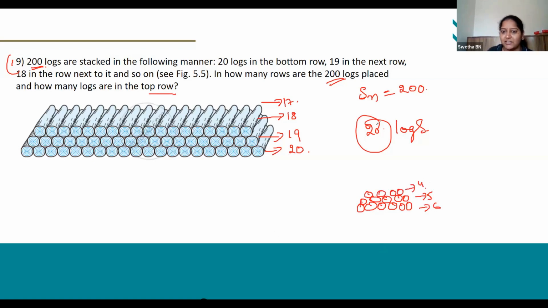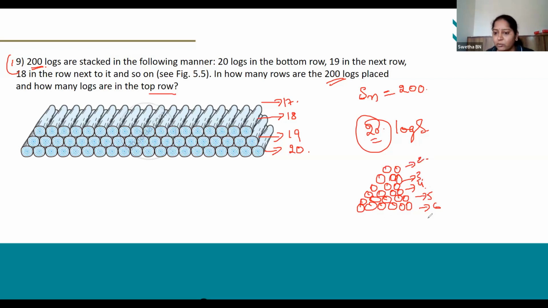See, if you arrange like this, how many rows are needed to place 20 logs? 6 plus 5 is 11, then 15, 18, and 2 more, right, children?